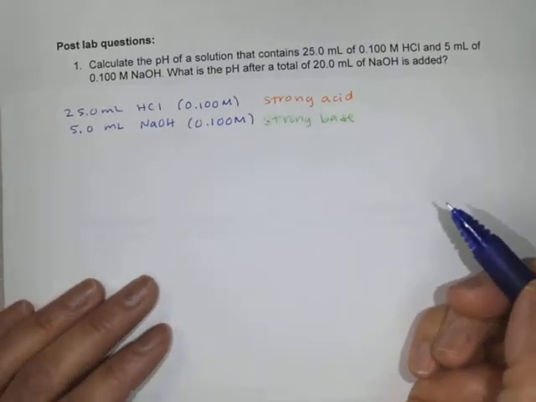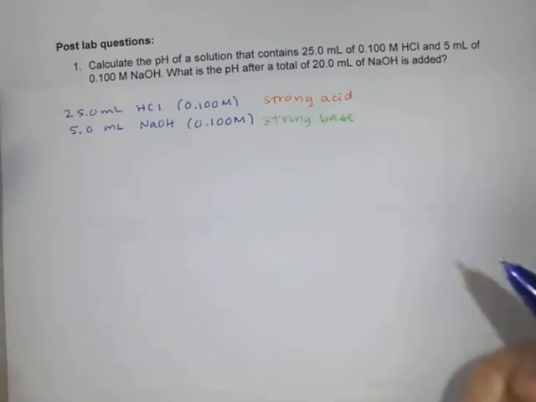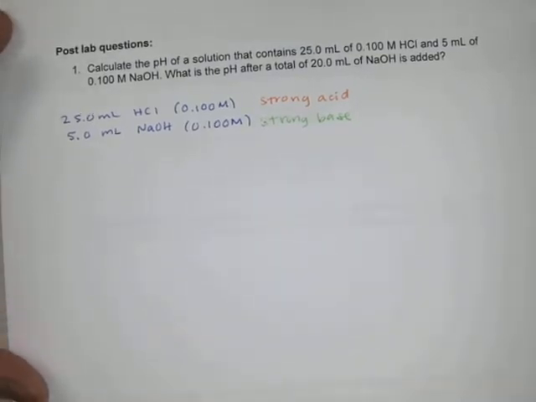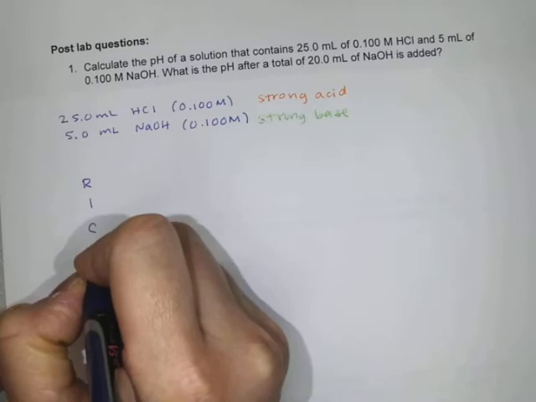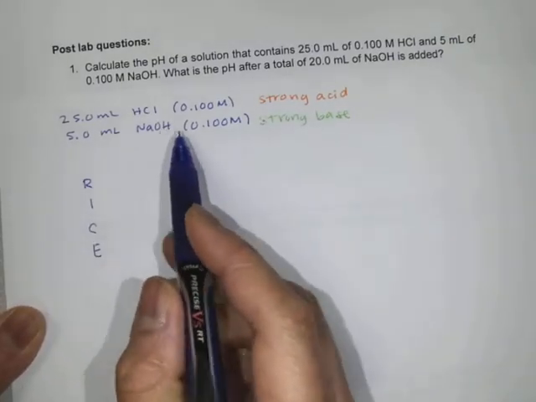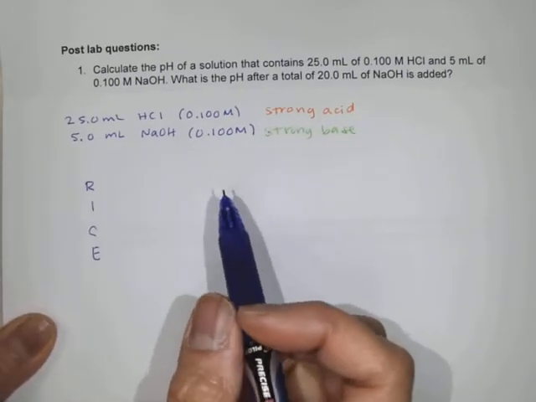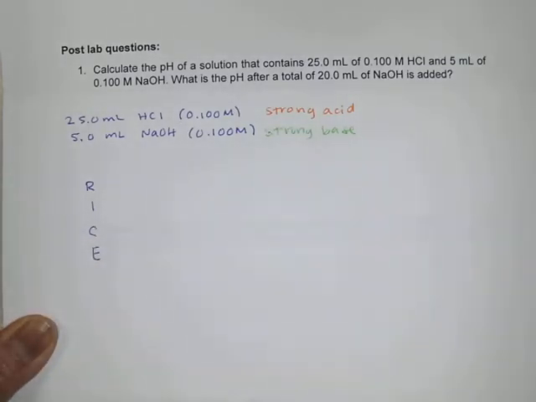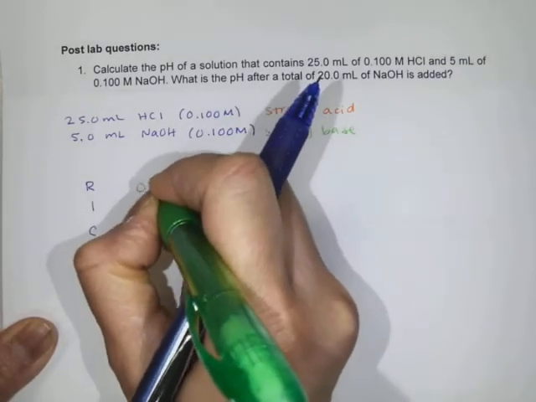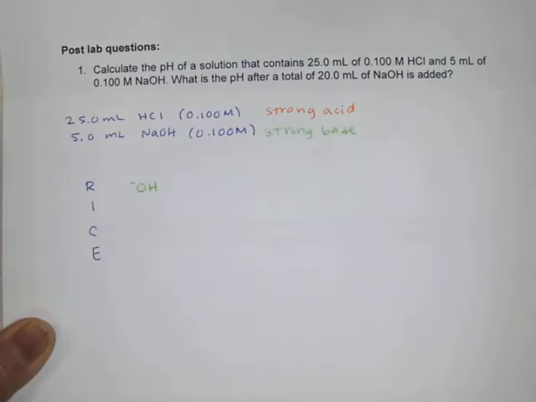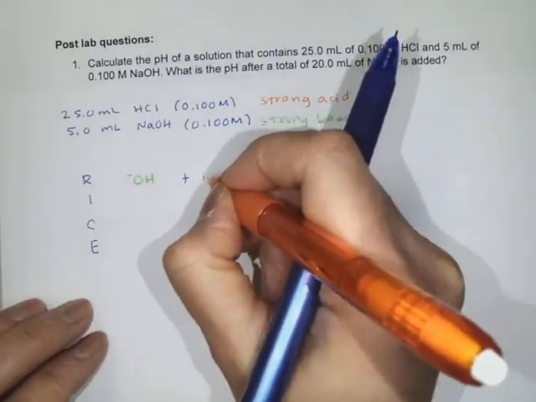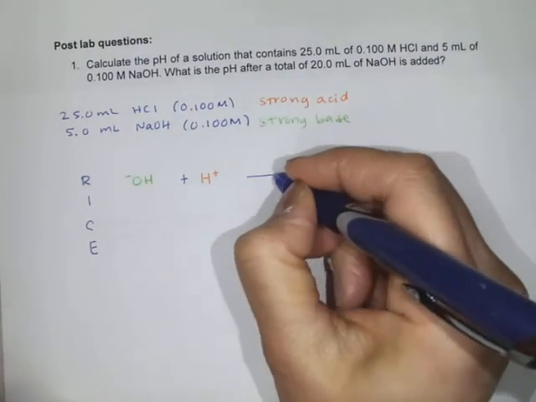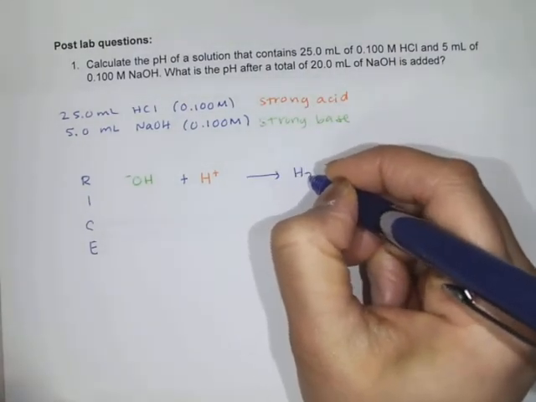this equation. So one thing that you can do, and I'm not sure if this is how it's done in your lecture, but this is how it made sense to me when I was figuring these out, is to make the RICE table. Okay, so again, because we're dealing with strong acid, strong base, we are dealing with OH minus plus H plus, which is the acid, and that is going to give us water.